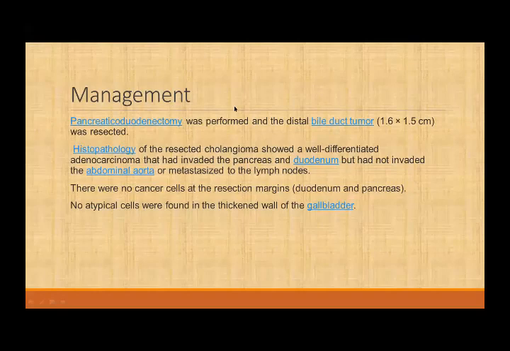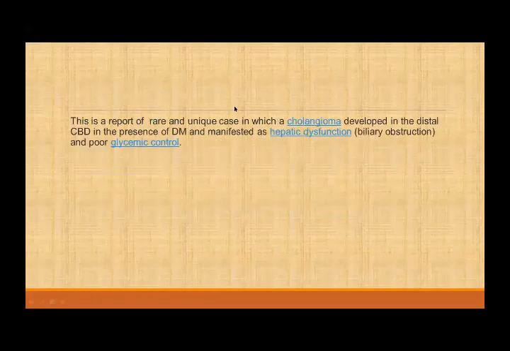No atypical cells were found in the second gallbladder report. The resection margins were clear. So this is a report of a rare and unique case in which cholangiocarcinoma developed in the distal common bile duct, and the diabetes control was manifested as hepatic dysfunction and poor glycemic control.